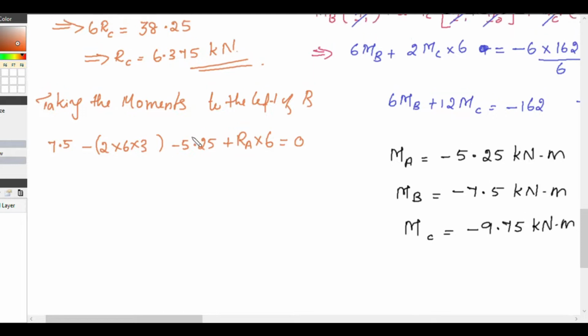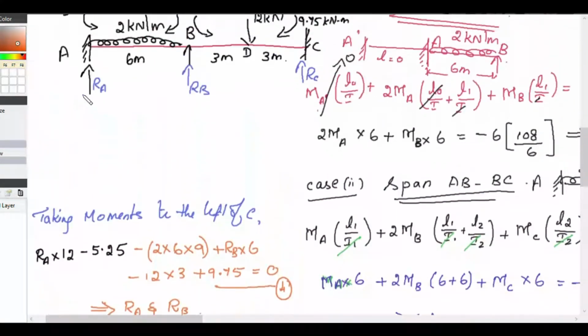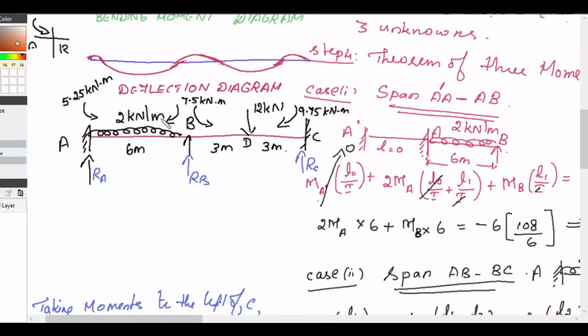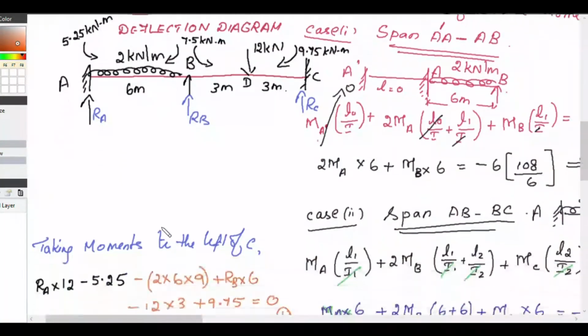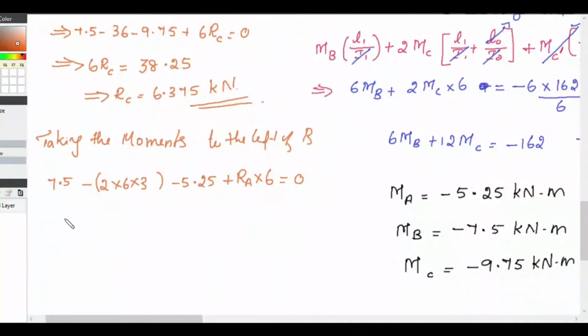So totally 1, 2, 3, 4. Let us check. So what we get is 7.5 minus 2 3s are 6, 6 6s are 36, minus 5.25 plus 6 times RA is equal to 0.